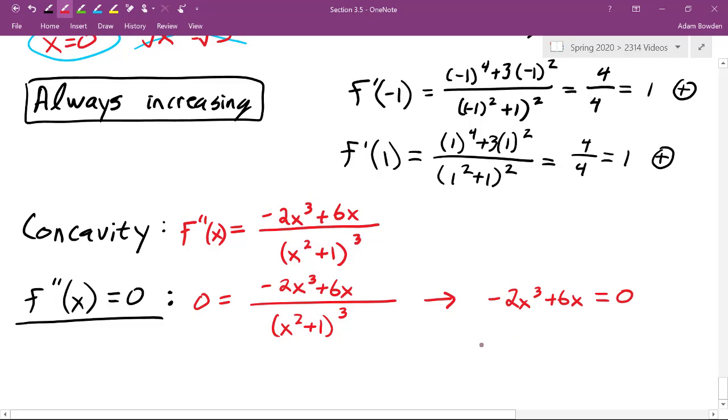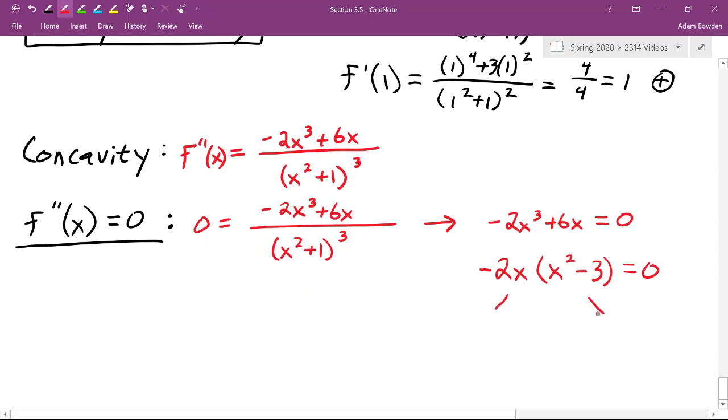If we factor out negative 2x, we have negative 2x times (x squared minus 3) equal to 0. So we have two factors: negative 2x equal to 0, and x squared minus 3 equal to 0.